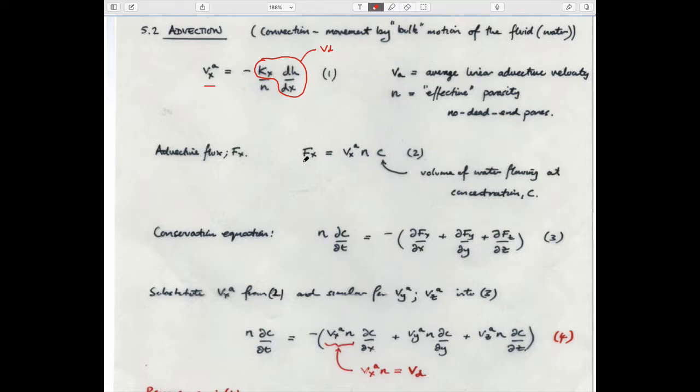In the same way that we define the mass flux that's moving by diffusion in Fick's law, we can also define it in terms of advection. This is the product of advective velocity and porosity. So this actually is the Darcy flow rate, as it turns out. And if we multiply that Darcy flow rate by the concentration, just as we said before, this is equal to length over time and mass over length cubed.